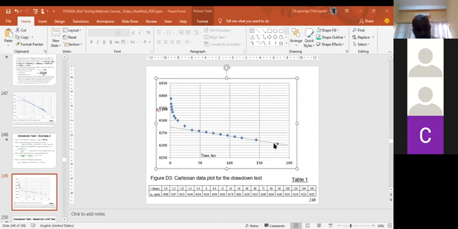The portion before the straight line, in this case, is transient flow. It's a combination of your transient flow combined with well-bore effects, and then your infinite acting radial flow. I hope I'm clear so far.